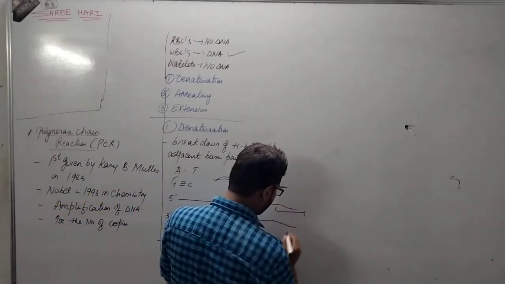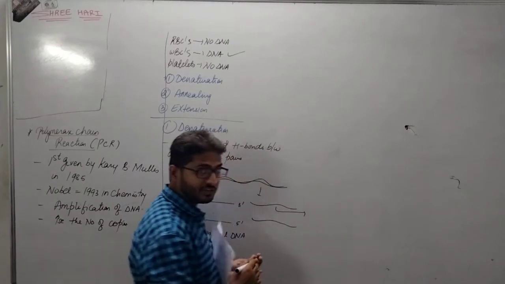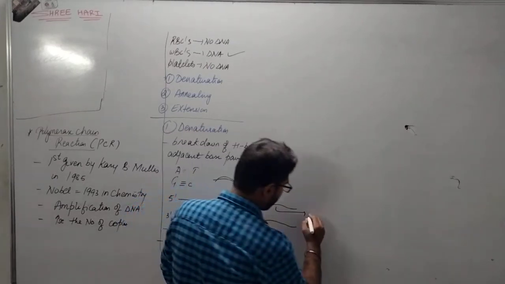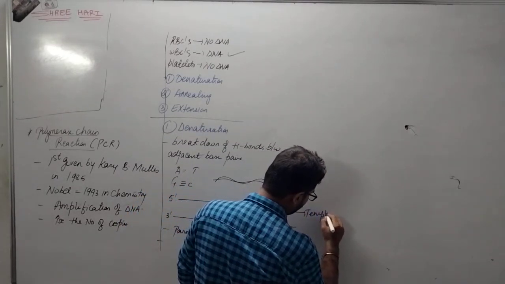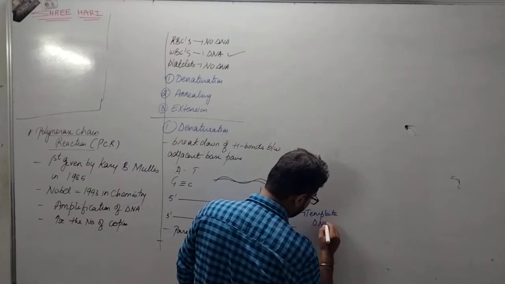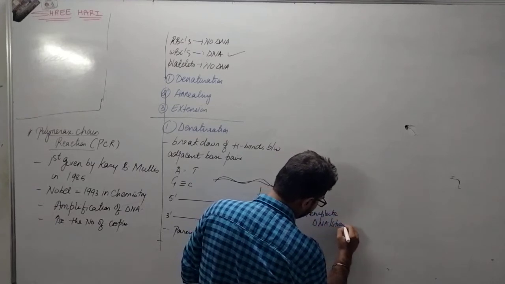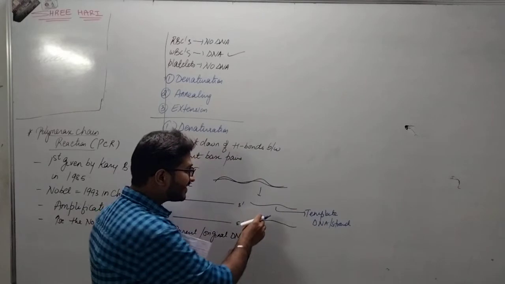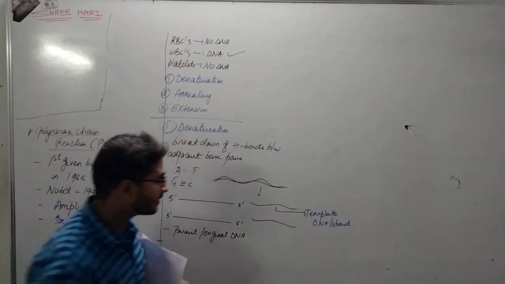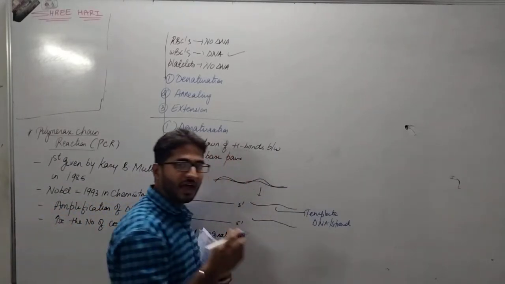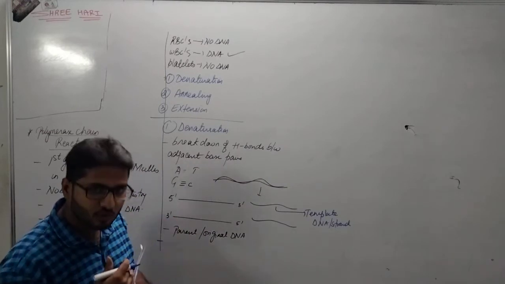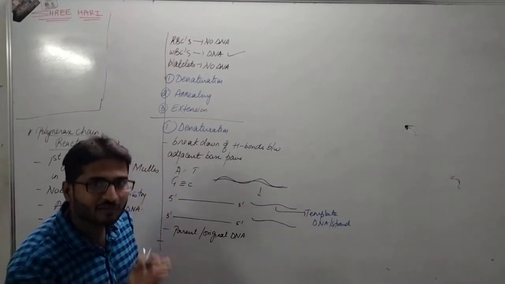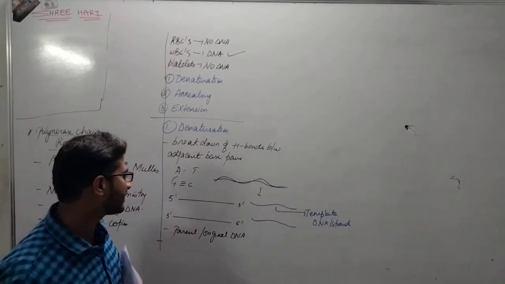Each strand will now act as a template DNA or a template strand. This template strand is acting as a kind of copy, and based on the complementary sequence, new nucleotides will be added in the subsequent steps.